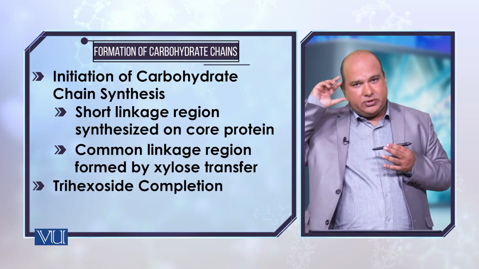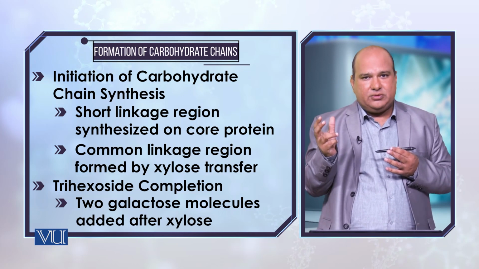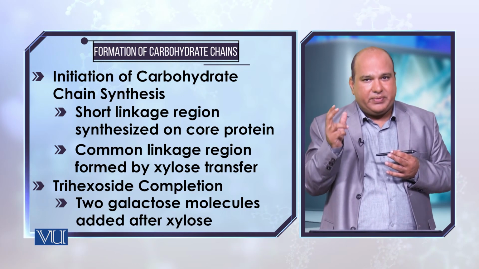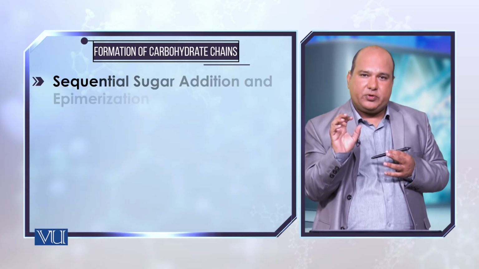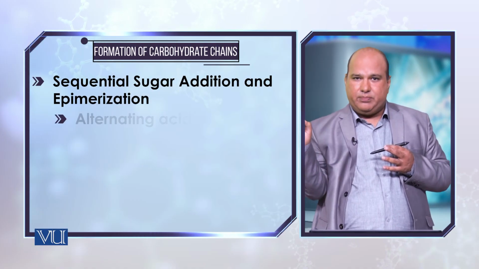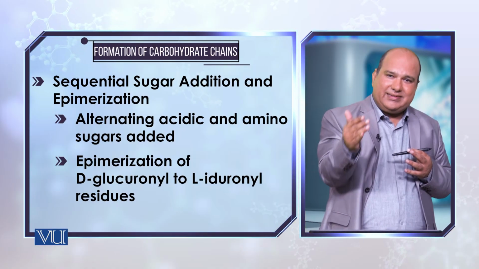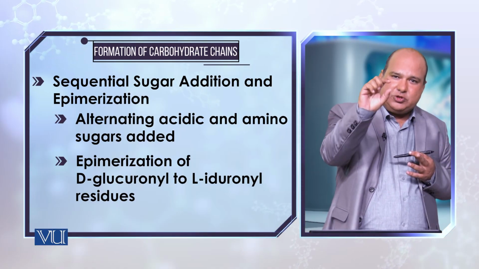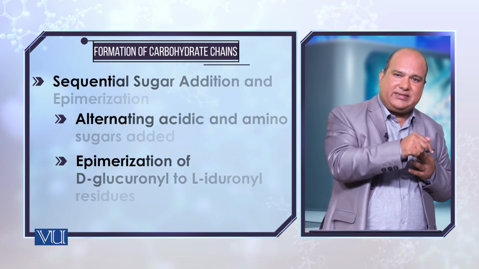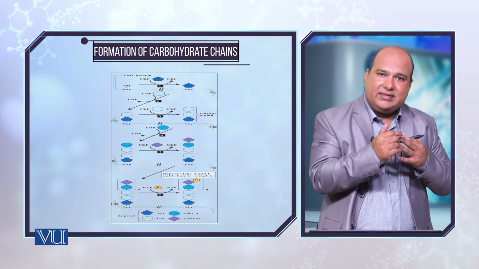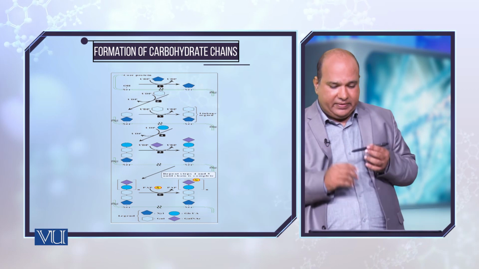If you revise, if you freshen your memories, you should have in your brain the very shape, very figure of this molecule, the proteoglycan: a protein molecule, a core protein, and then that core protein is linked with a trisaccharide, I mean 3 sugar molecules, and then these 3 sugar molecules in turn are linked with the repeating units of the GAGs. So, you should keep this in mind.